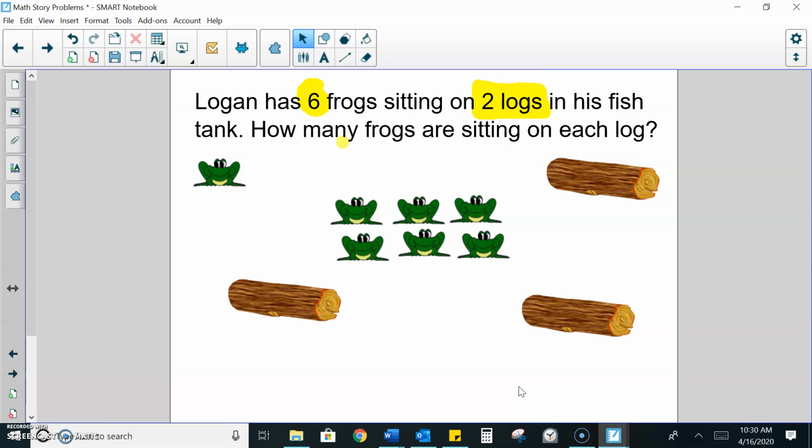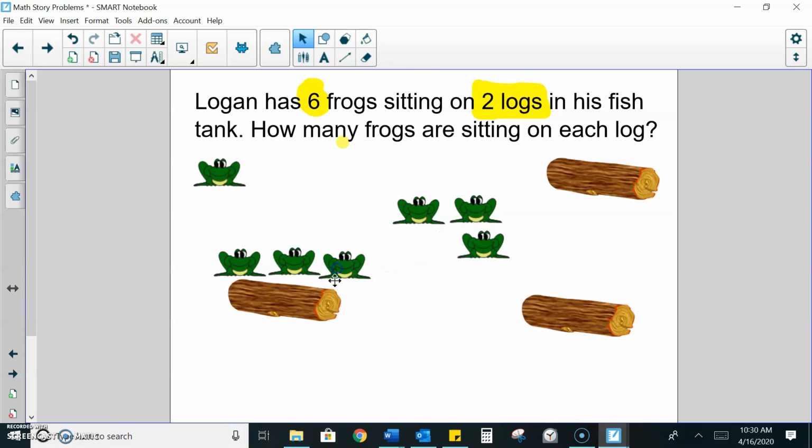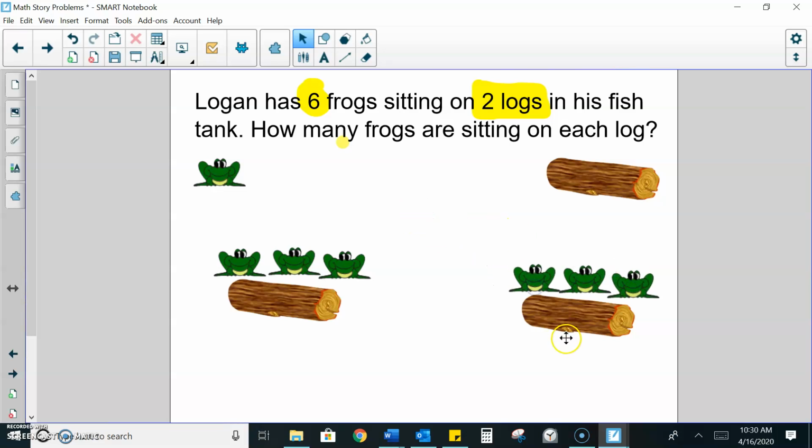Well, for this problem, there are many different answers. So one answer could be 3 frogs are sitting on this first log. So how many frogs are sitting on the second log? Good. There are 3 frogs sitting on the second log.